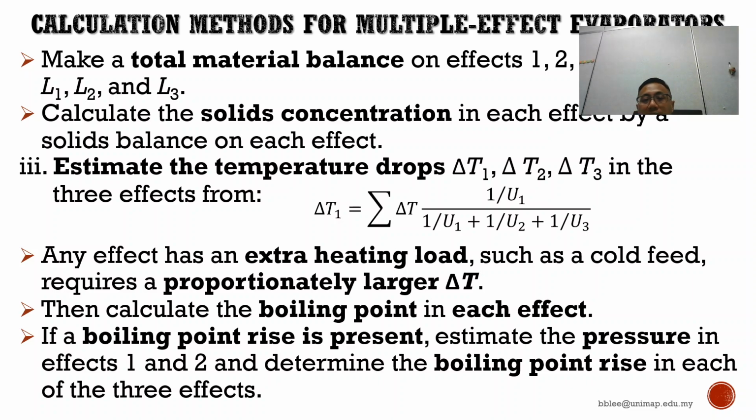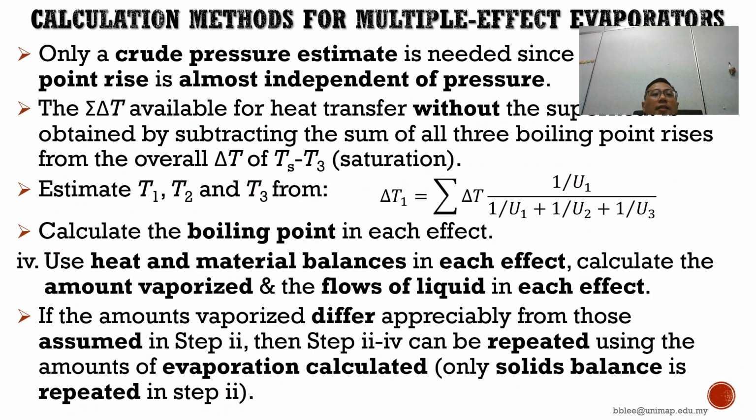If a boiling point rise is present, we have to estimate the pressure in effects 1 and 2, and determine the boiling point rise in each of the three effects. Only a crude pressure estimate is needed, since the boiling point rise is almost independent of pressure.